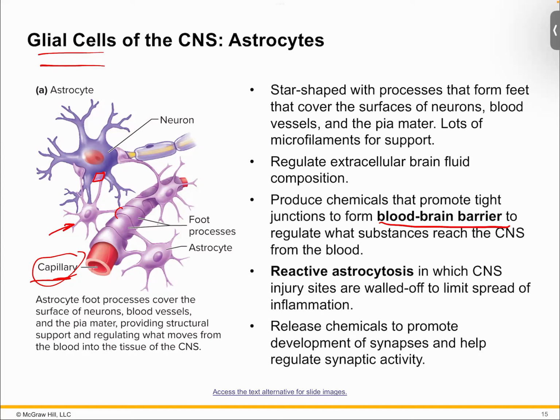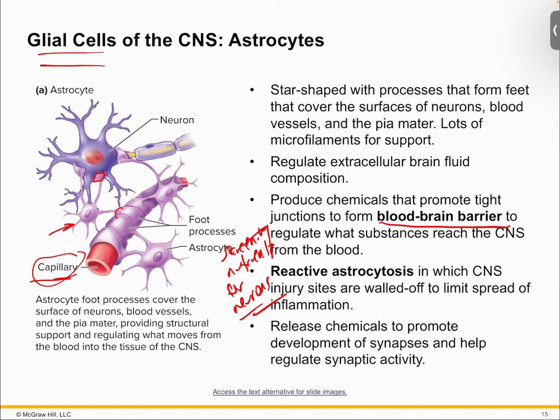So this is basically kind of screening the nutrients for the neurons. Anything in the blood that's destined for the neuron goes through the astrocytes first. Okay, so this is like an ultra VIP. This neuron doesn't talk to you, you talk to the neuron's people. And the chief of staff of its people is the astrocyte, right?